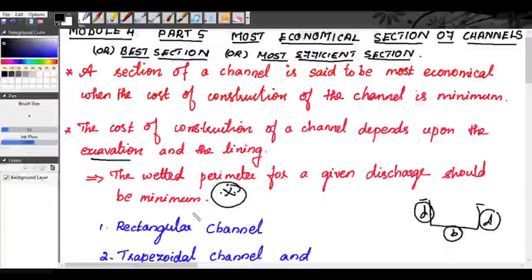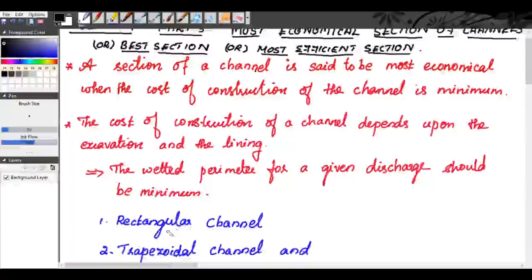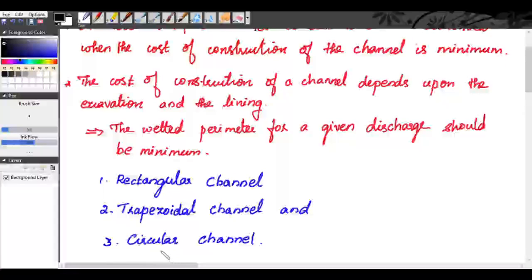So we have three different sections or three different channels. We will find the most economical section for a rectangular channel, most economical section for a trapezoidal channel, and most economical section for a circular channel. So first of all, we will see the conditions for the most economical rectangular channel.